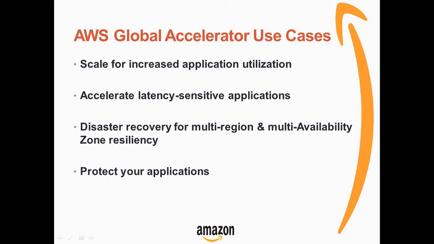Thirdly, when it comes to disaster recovery for multi-region and multi-availability zone resilience, you can use Global Accelerator. And in order to protect your applications. So wherever you see in a scenario where any of these or most of these points are there, then immediately think of Global Accelerator, because Global Accelerator can do all these things itself.